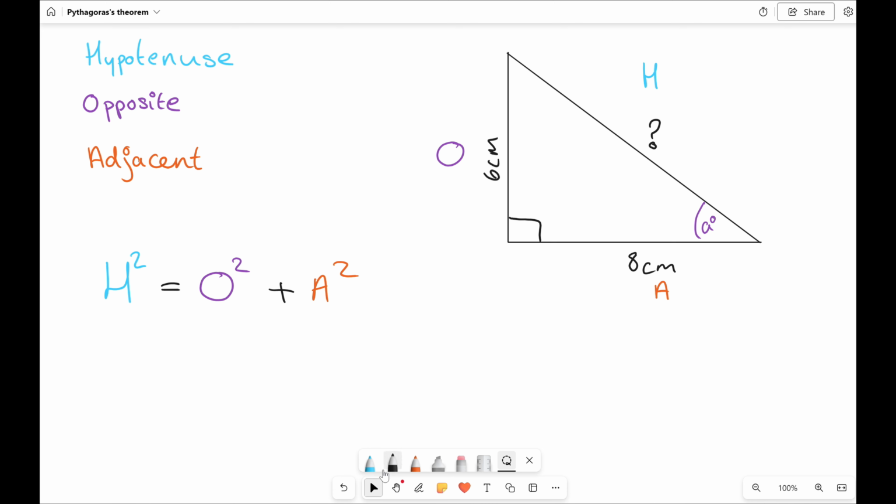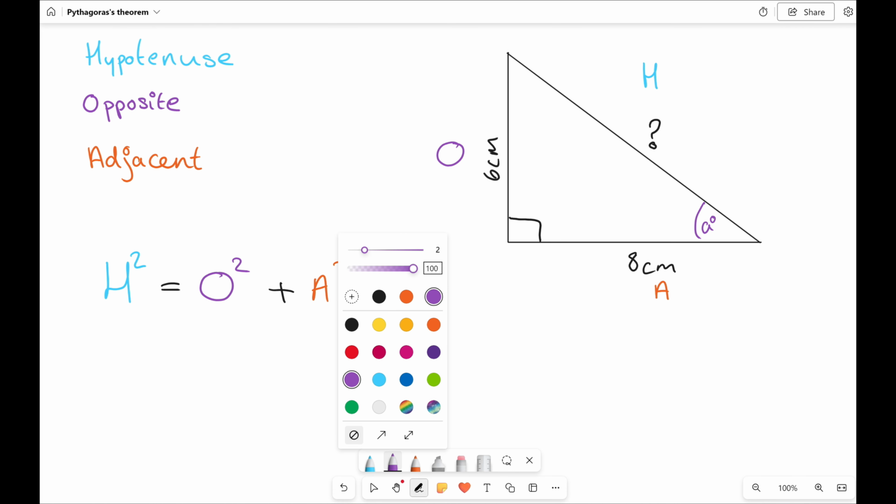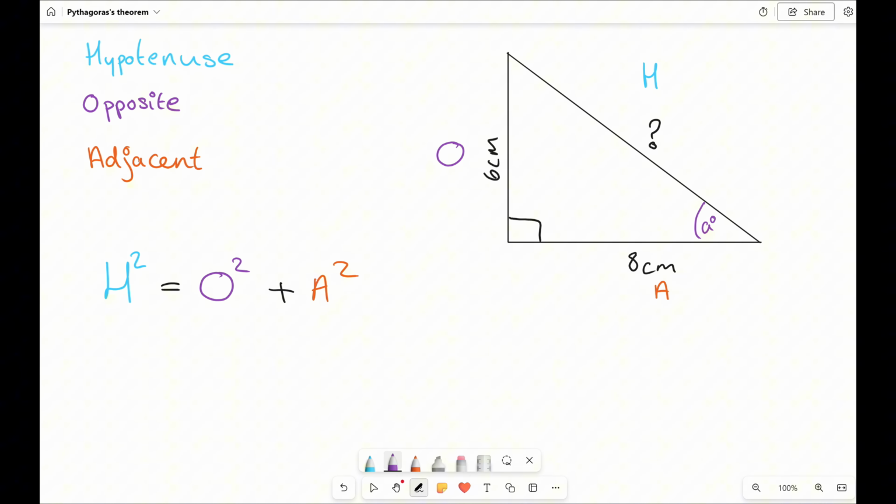Okay, so we're just going to plug in our numbers. We don't know what h squared is, so we're going to leave that as h squared. We know what o is. O is 6, so o squared is 6 squared. Let's keep the equal sign there. The equal sign being directly underneath means that it's just a continuation of the equation, okay?